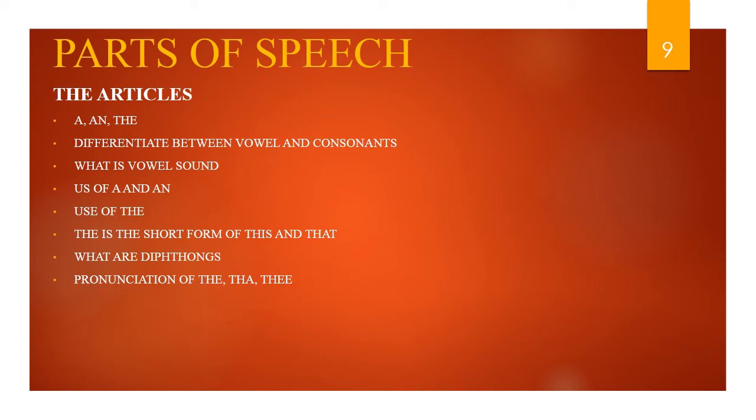Next is, what is the difference between vowels and consonants? A, E, I, O, U, these are vowels, and the rest of the letters are consonants. Before vowel words, those words which start with A, E, I, O, U, you will use AN. And if the sound of a word which starts with A, E, I, O, U is not a vowel sound, then you will not put N before that sound.